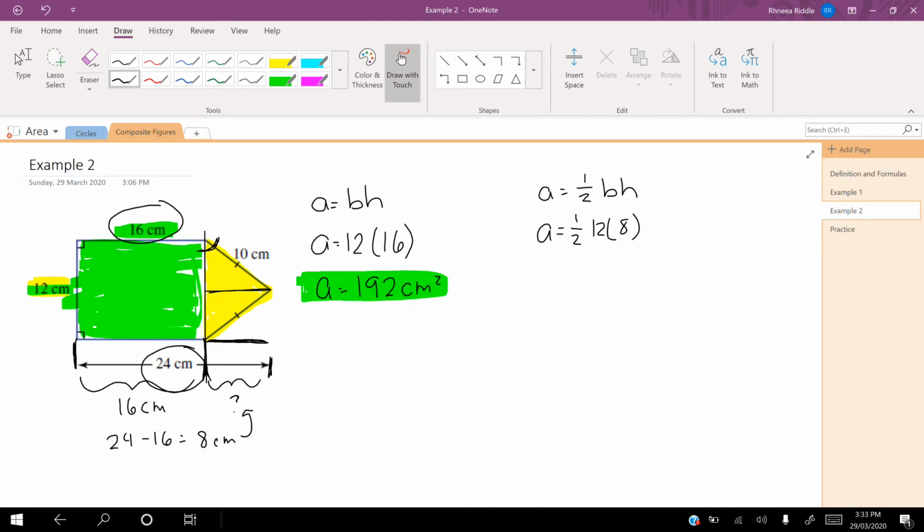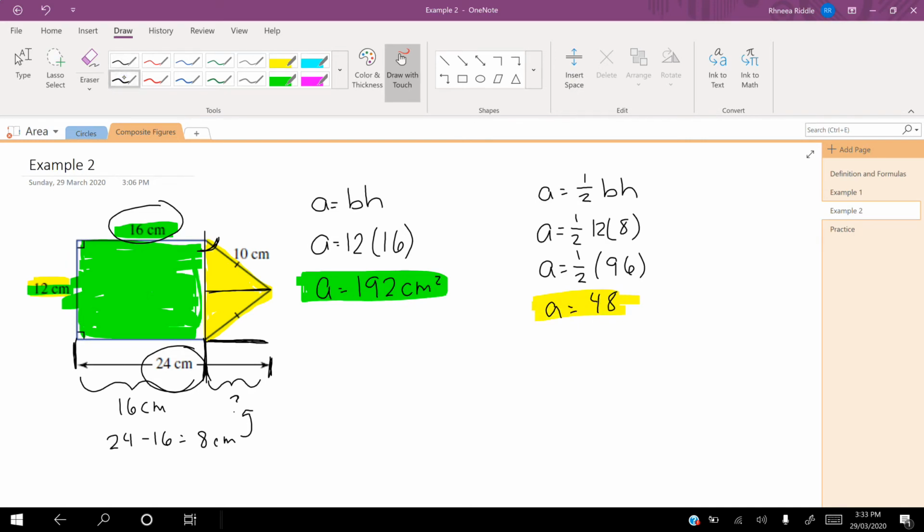So just like before, we can multiply 8 times 12 to get 96. And we haven't used that half yet, so we have to leave it there. So 1/2 times 96. And when you divide 96 by 2 or multiply it by 1/2, you get 48. And that is the area of that triangular piece.